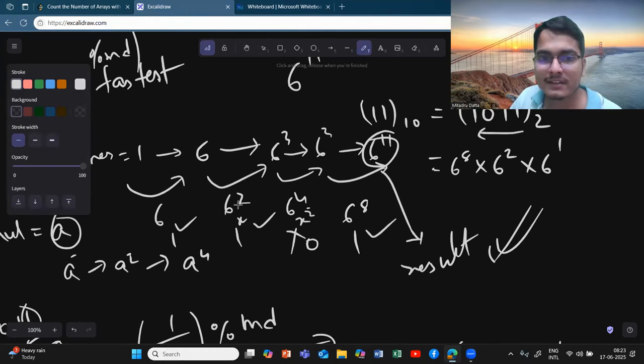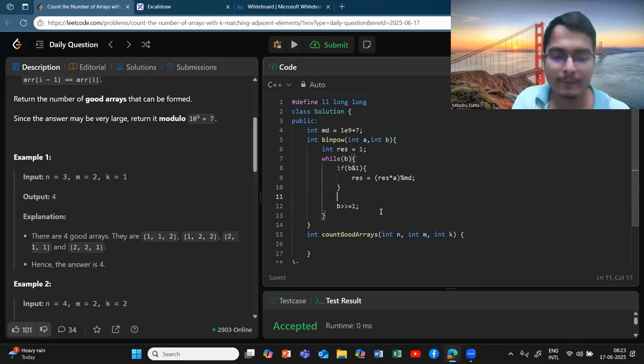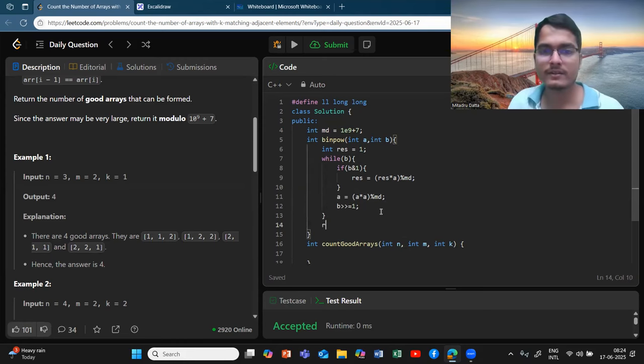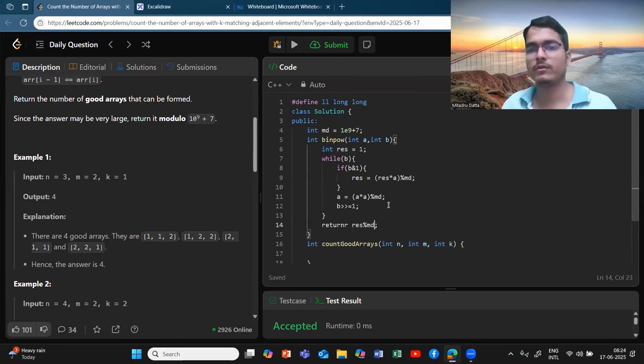So every time I'm just squaring a into a. So I do have the multiplier ready. I just need to return result modulo mod.